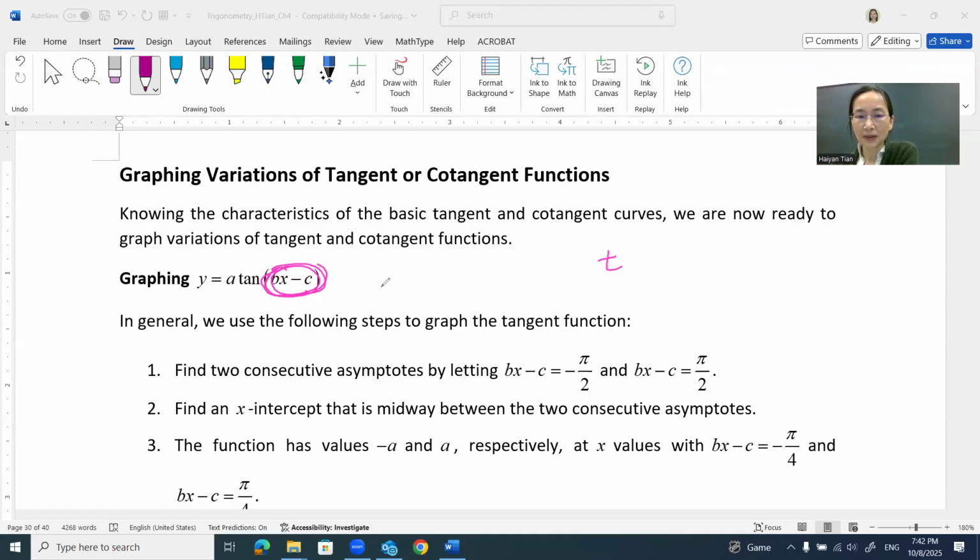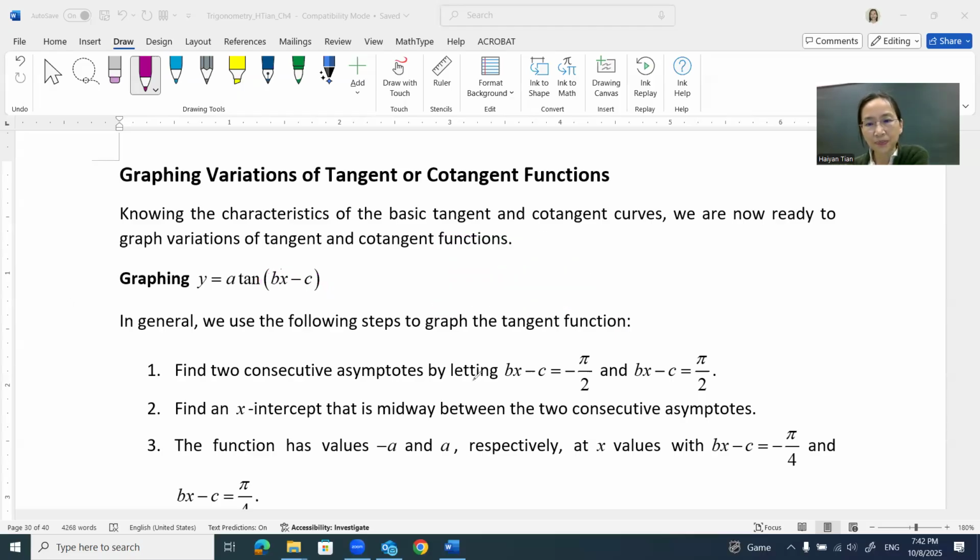By changing of a name, and looking at the whole thing as a t, immediately the function becomes a very basic tangent function, tangent t. At most, you can still include the number a. So at least this is very simple looking. That's our strategy.